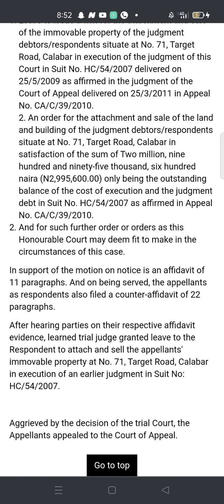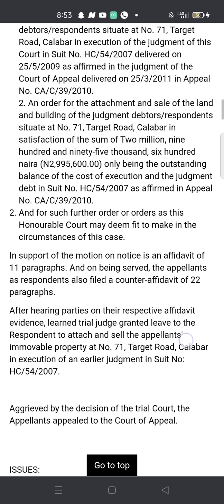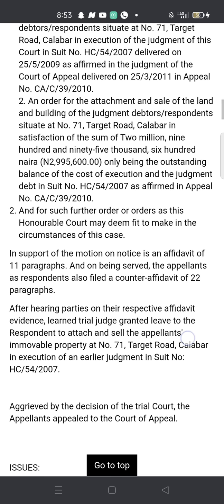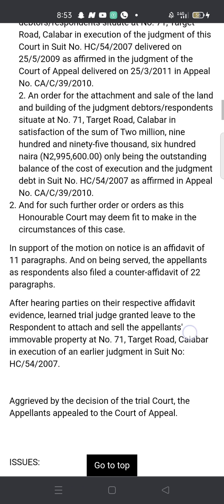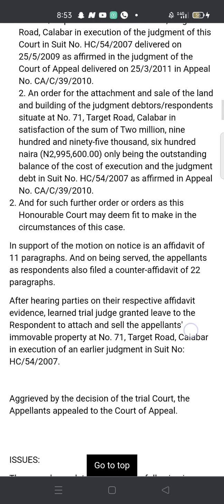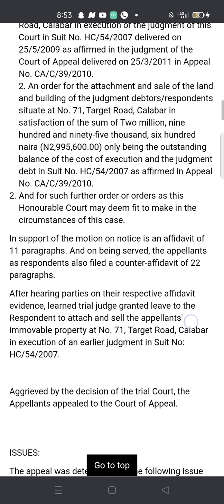In support of the motion on notice is an affidavit of 11 paragraphs, and on being served, the appellant as respondent also filed a counter affidavit of 22 paragraphs.